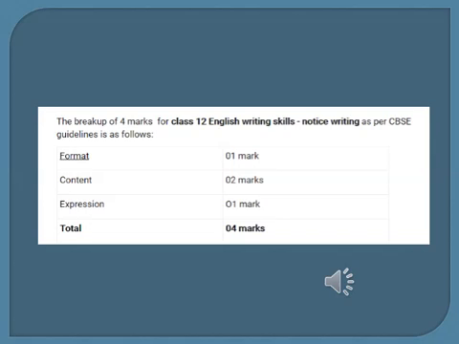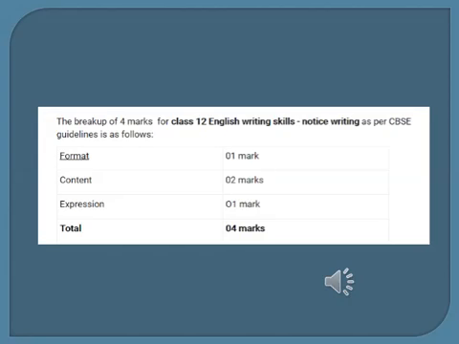Let us see what the marking scheme of a notice is. The breakup of 4 marks for notice writing is as follows. Remember that this is a short composition and the question is asked for 4 marks.